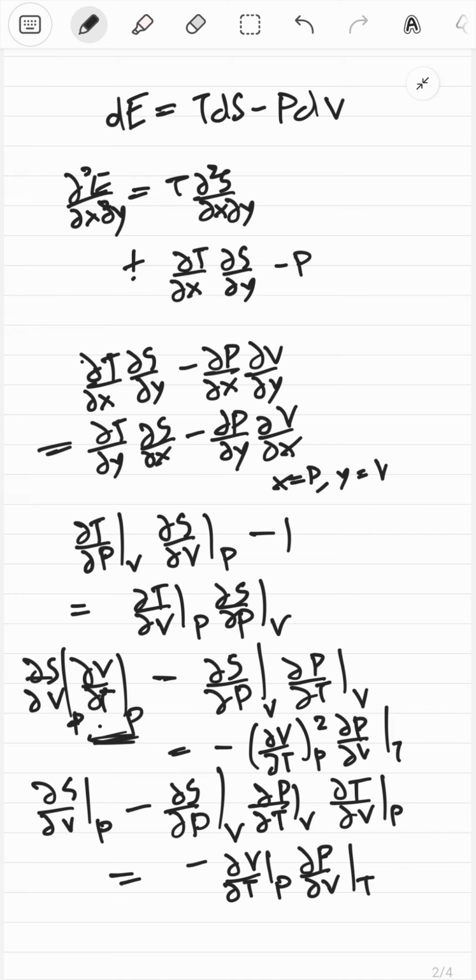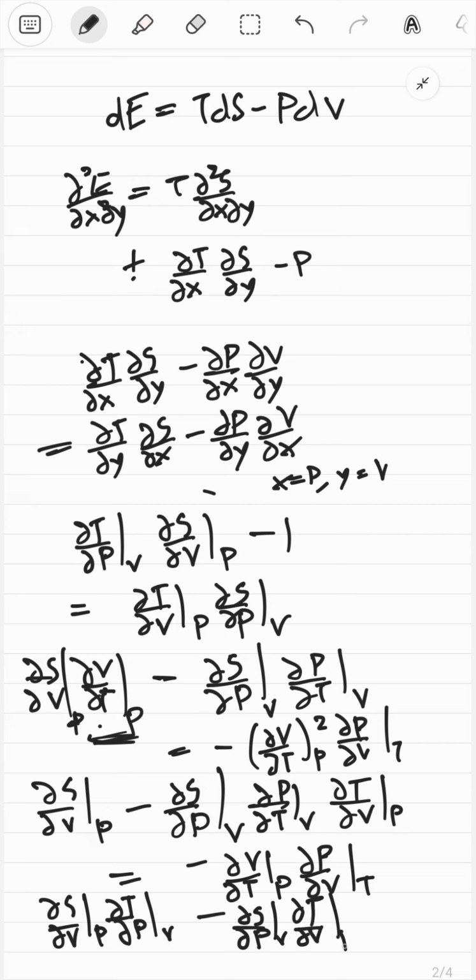Yeah, and to match it with this stuff, you need a partial t by partial p term. So if you add that, you just get partial s by partial v at constant pressure, partial t by partial p at constant volume, and that term is essentially coming from here, so you basically multiply with the reciprocal. So just minus partial s by partial p at constant volume, partial t by partial v at constant pressure.